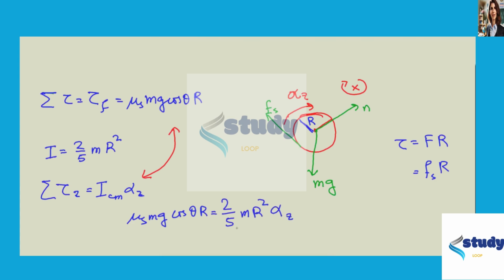From here, we can get rid of the m's, first of all. Then, since the sphere is not slipping, we can say alpha is equal to a over r, so we can substitute that as well. If we do so, we get mu s g cosine theta equals 2 over 5 alpha.